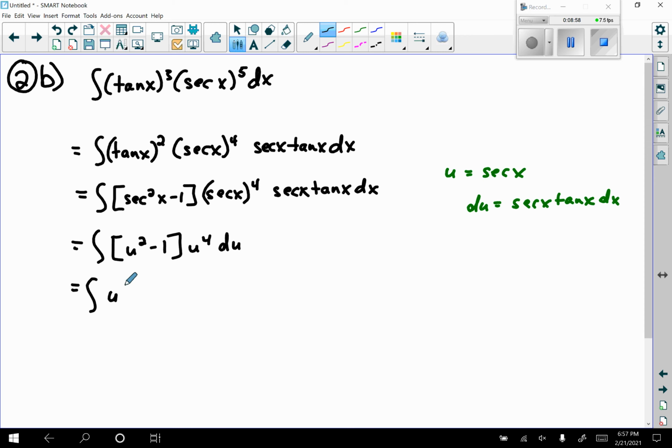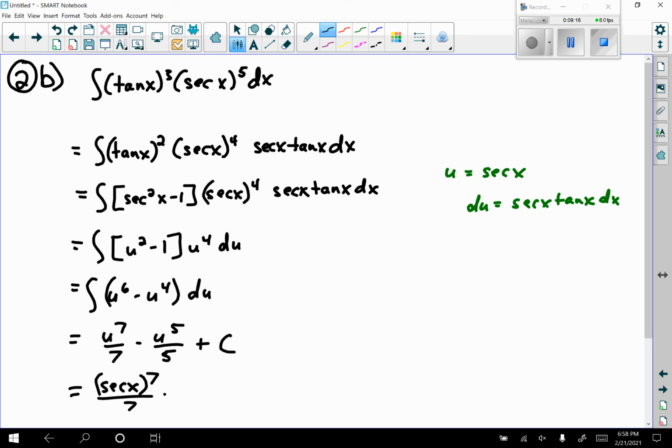We'll get u to the 6th minus u to the 4th du. Take the antiderivatives here, so we get u to the 7th over 7 minus u to the 5th over 5 plus c. And we bring back that u is equal to secant x, so we get secant x to the 7th over 7 minus secant x to the 5th over 5 plus c.